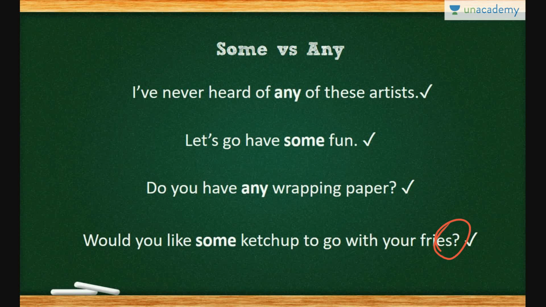Now notice this is the kind of example where we can use both the words. Would you like any ketchup to go with your fries? Would also be correct. Now since this is positive, we can also use some. Would you like some ketchup to go with your fries? In the previous sentence, do you have any wrapping paper? You can't use some here because the meaning is, do you have any wrapping paper at all or you don't? Right?